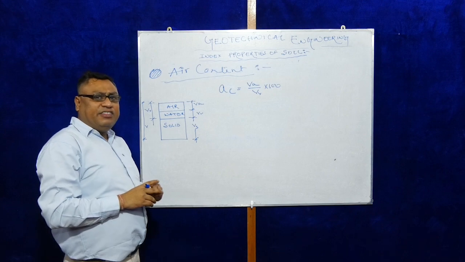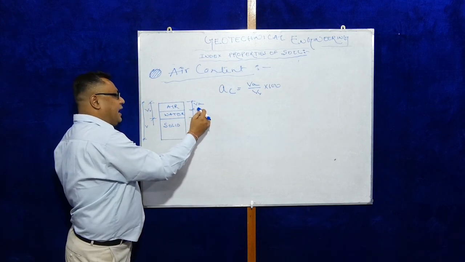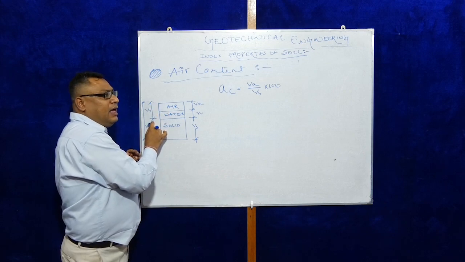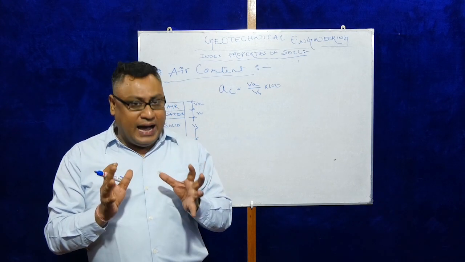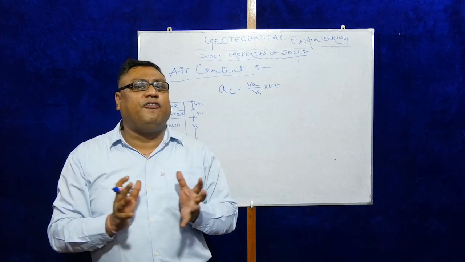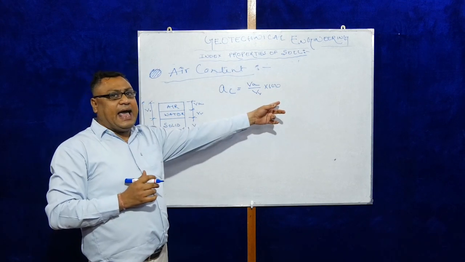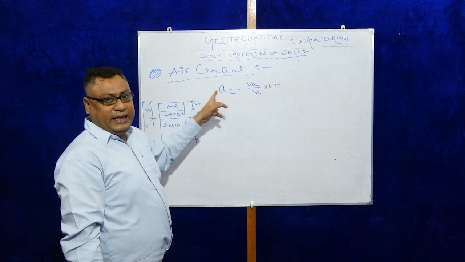Air content is defined as the ratio of volume of air to the volume of voids. That means the presence of air in the void spaces of a given soil sample. It is also expressed as percentage. Now it is denoted by AC.